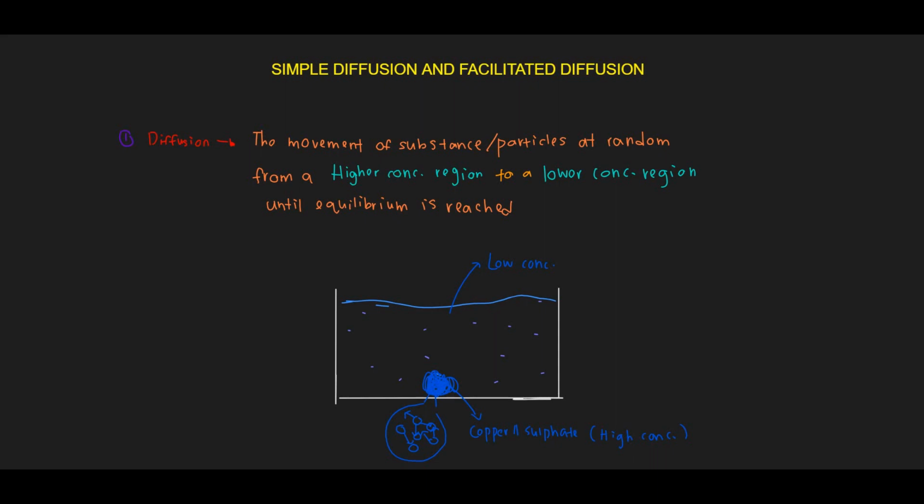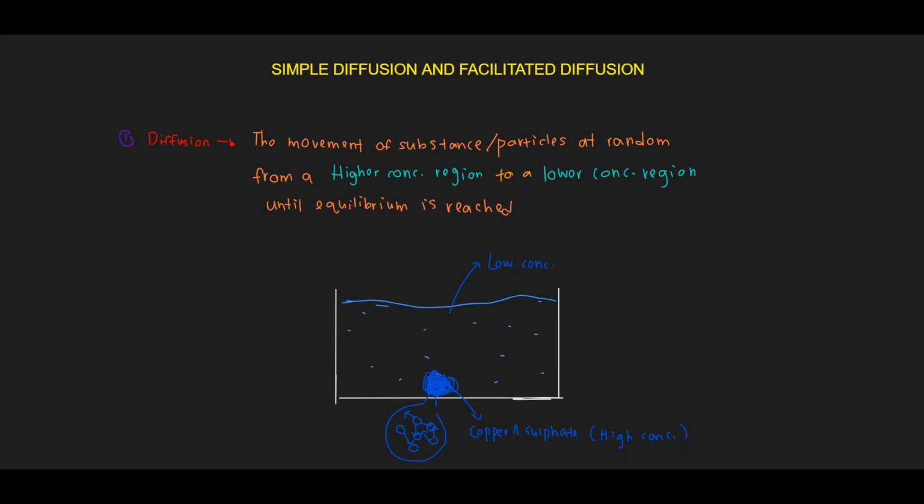Imagine if we zoom inside this copper sulfate, we will see tiny particles which move at random and collide into one another. These are the particles of copper sulfate, and the concentration of copper sulfate at this point over here is the highest, while at the surface of the water it has the lowest concentration because there is no or less copper sulfate.